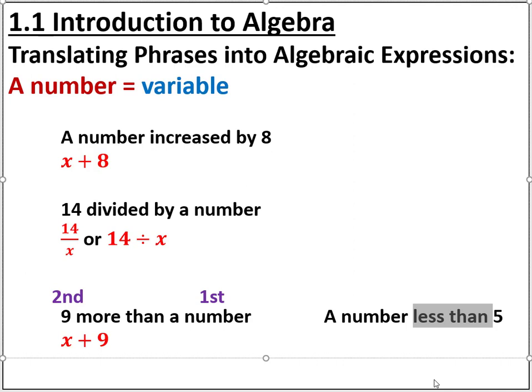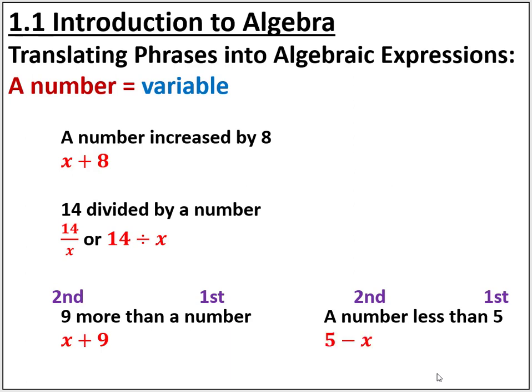And the 5, since it's after less than, is going to be the first part. So a number will be second and 5 will be first. When we write out the answer, it's going to be 5 minus x. As I stated before, make sure you pay very, very close attention to the order.